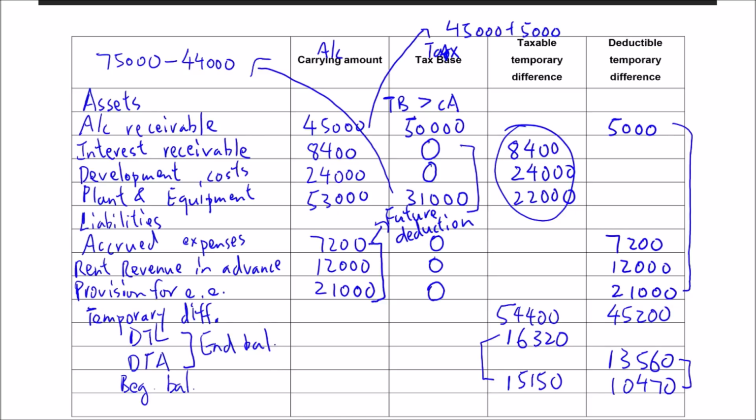And you'll notice that in these cases, for both of them, we need to write down the adjustment. There's an increase in DTL and also an increase in DTA. For DTL, we have an increase of 1,170. And with DTA, we have an increase of 3,090. Those are the two amounts that we need in order to prepare the journal entry.